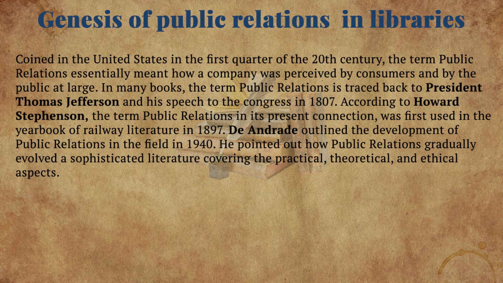According to Howard Stephenson, the term public relations in its present connection was first used in the Yearbook of Railway Literature in 1897. Reed outlined the development of public relations in the field in 1940. He pointed out how public relations gradually evolved a sophisticated literature covering the practical, theoretical, and ethical aspects.